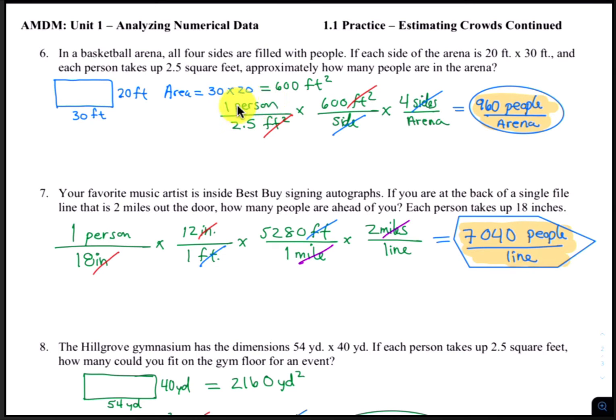Now you have people on the top and arena left. So this would give us how many people are in the arena. You'll multiply 1 times 600 times 4, and then you'll divide by 2.5. The result will be 960 people in the arena.